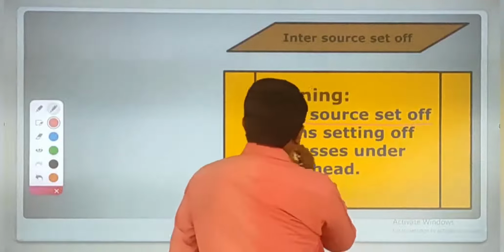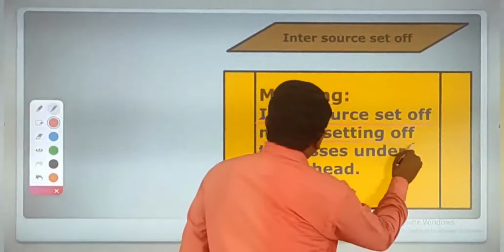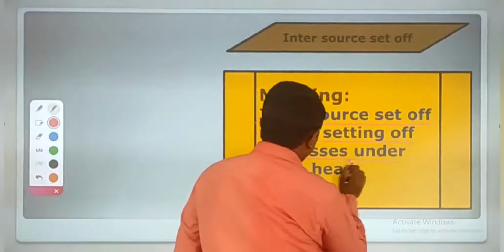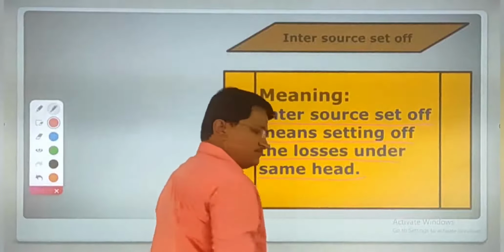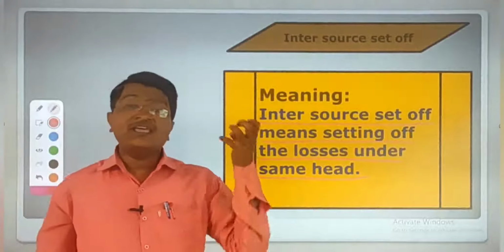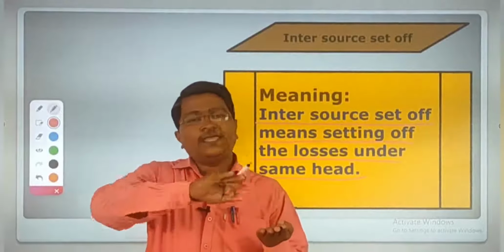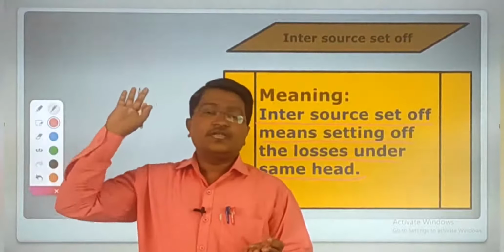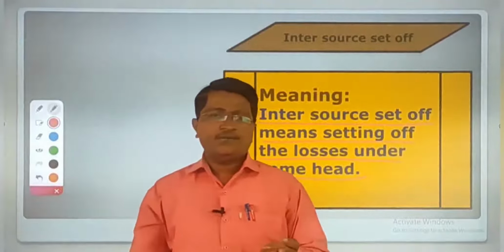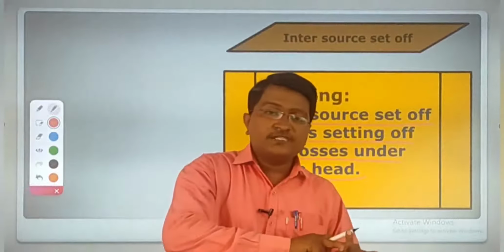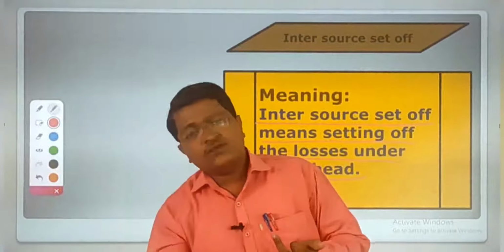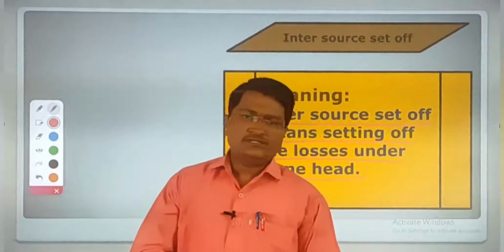Inter-source set off means setting off the losses under the same head. Setting off the losses under the same head means loss from house property we can set off with income from house property. Then loss from business we can set off with income from business.